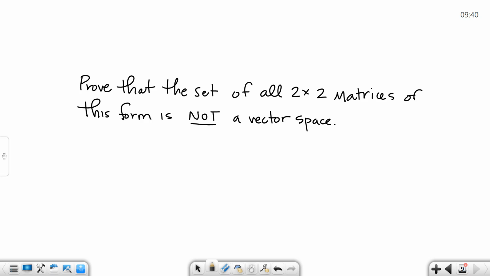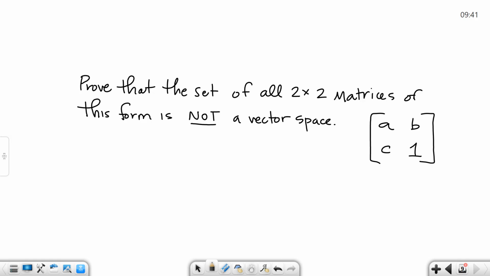Now, it would help if I finished writing out the problem. First of all, you have to know what this set looks like. A is a variable, which means it can be anything. B can be anything. C can be anything. But that bottom position, position 2,2, has to be a 1.